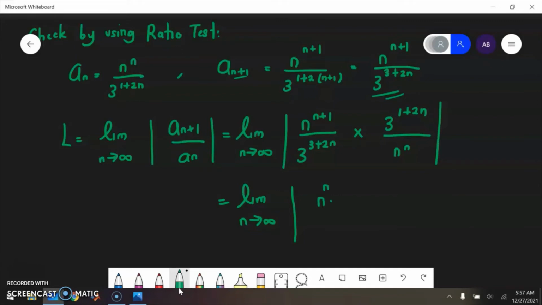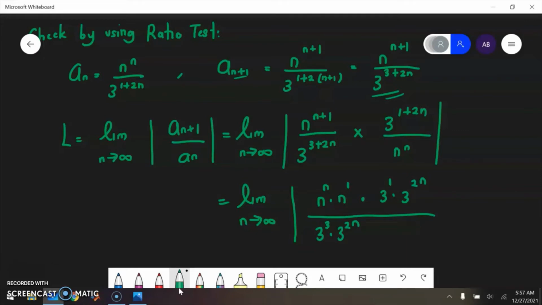n to the power of n multiplied by n to the power of n for this term here, and then multiplied with 3 to the power of 1 multiplied with 3 to the power of 2n over 3 to the power of 3 multiplied by 3 to the power of 2n.